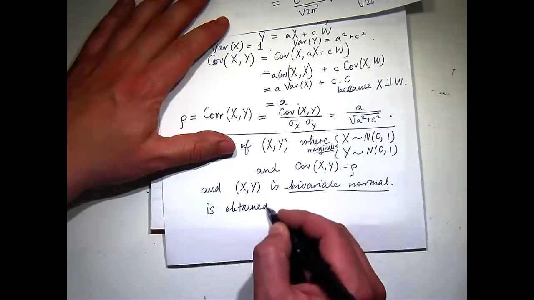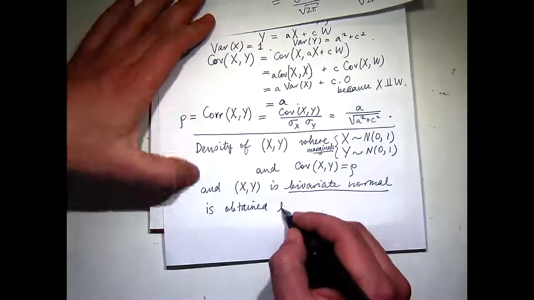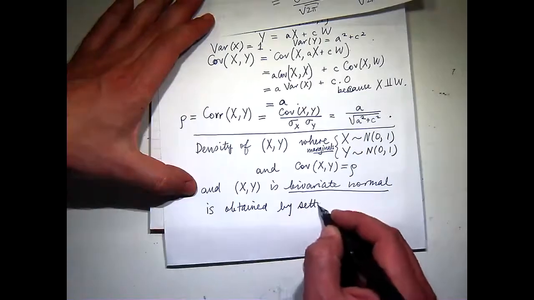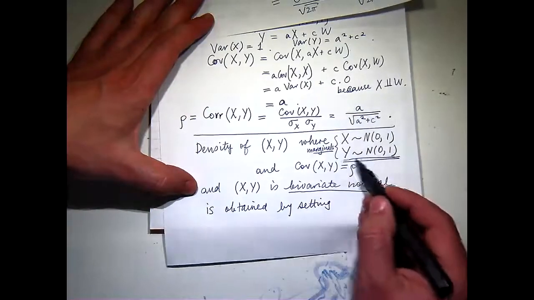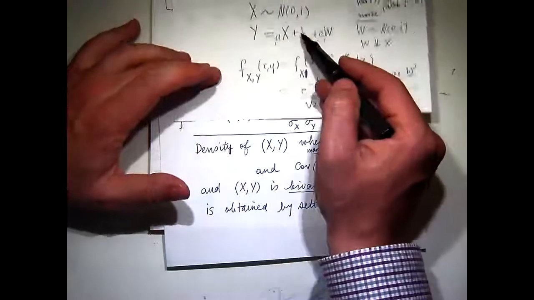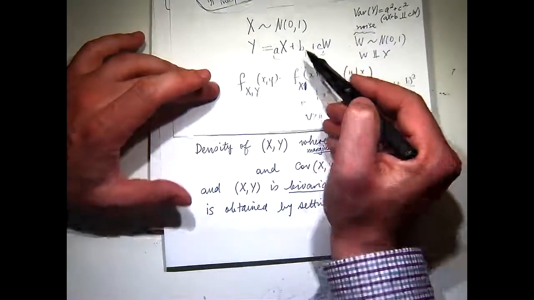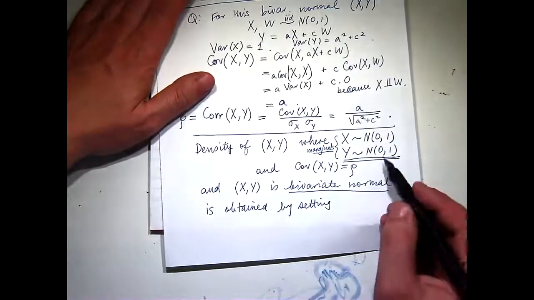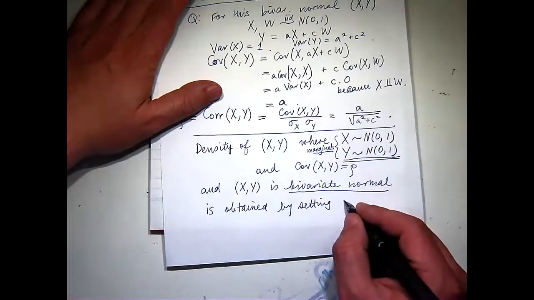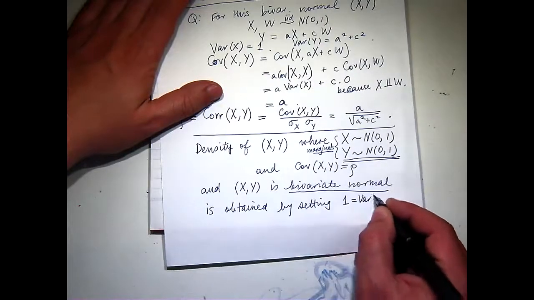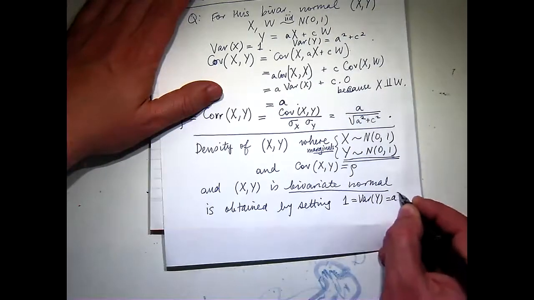I just need to get a particular value of rho. You see there's an additional condition. I already set y to be centered by setting the coefficient b to be 0, so y has mean 0, but I haven't yet insisted that y has variance 1. So y has to have variance 1, and we know that the variance of y is a squared plus c squared.